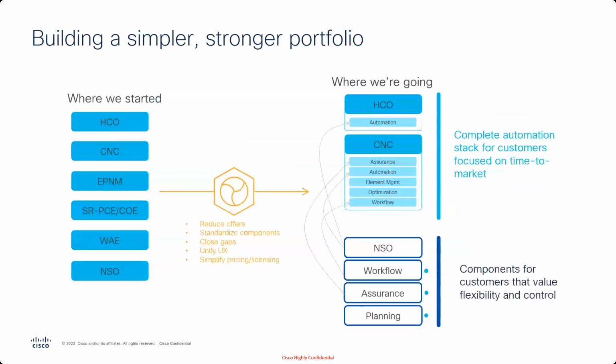So that being said, this is what I was mentioning before. We started from a number of products. Most of them are coming from acquisitions. HCO is the Sedona acquisition. It's a product that we acquired for bringing together different domains. NSO is an acquisition we made probably many years ago now. One Automation Engine also comes from an acquisition.